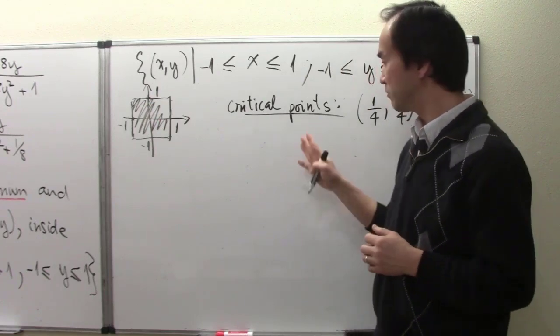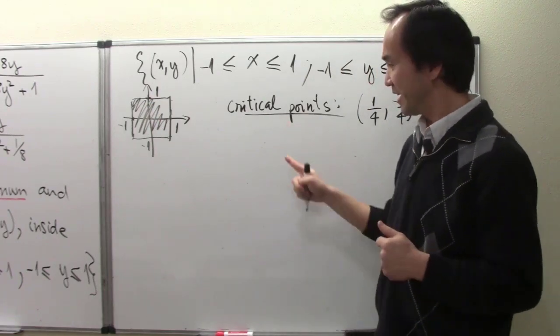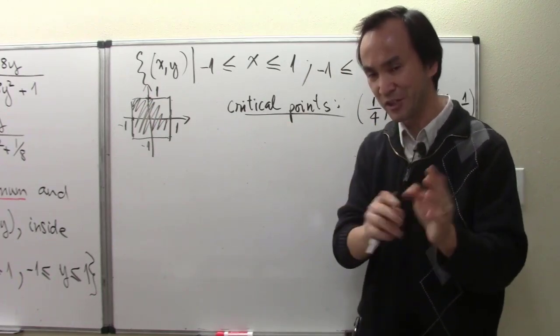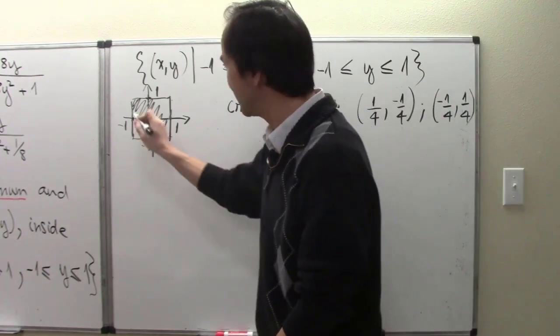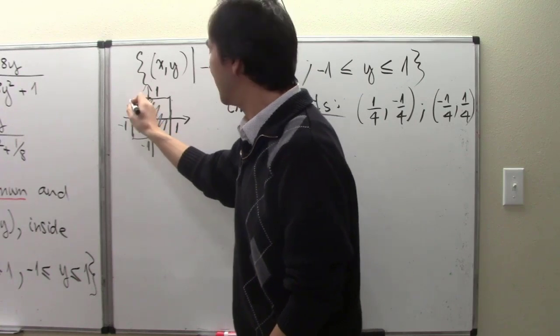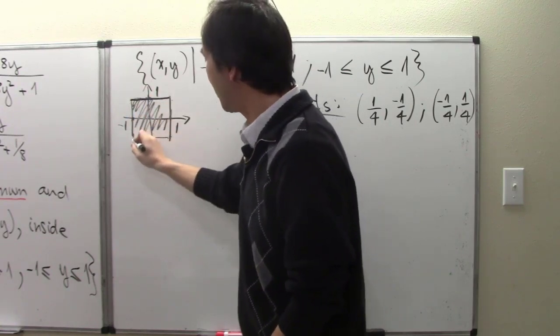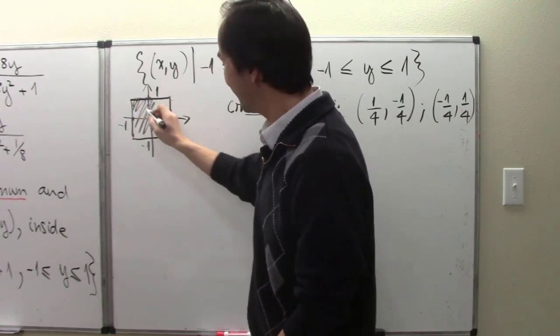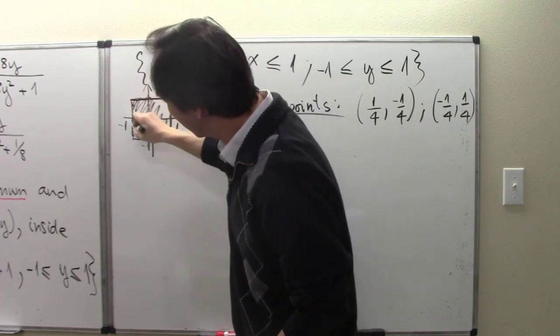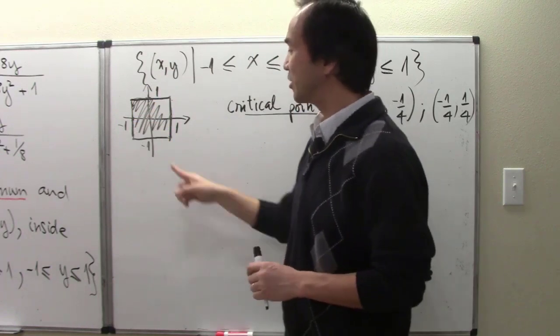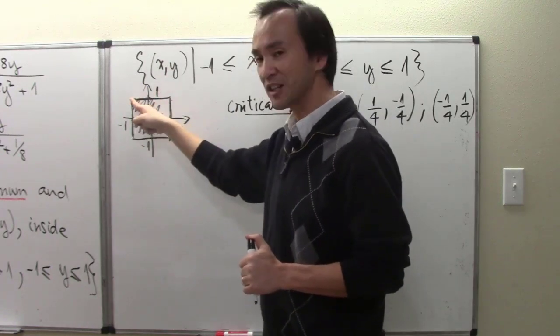But we don't stop the problem here. According to statement number 2, we need to also search for other points possibly giving a maximum along this trace, this trace, this trace, and also this trace. In other words, we have 4 edges, and we have to search them.